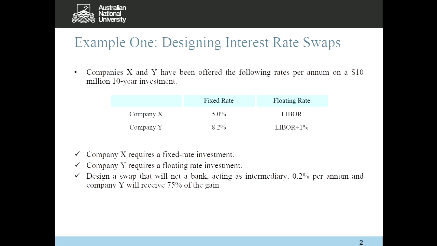Companies X and Y have been offered the following rates per annum on a 10 million 10-year investment. What we can see is that company X's investment project can provide a 5% fixed rate of return. Remember, this is rate of return, not interest payment.